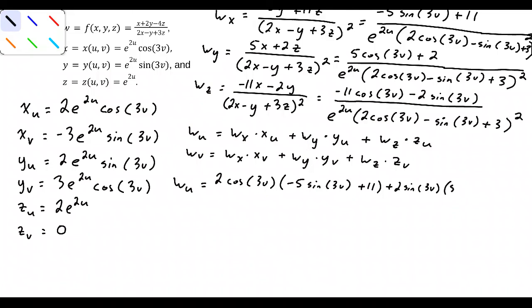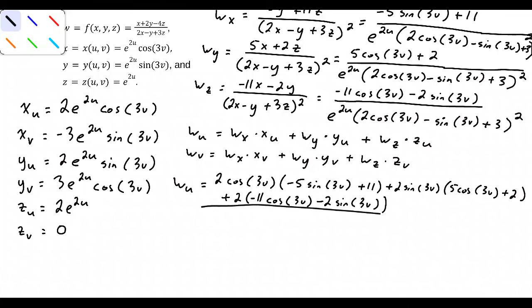(5 cos(3v) + 2) plus 2(-11 cos(3v) - 2 sin(3v)).